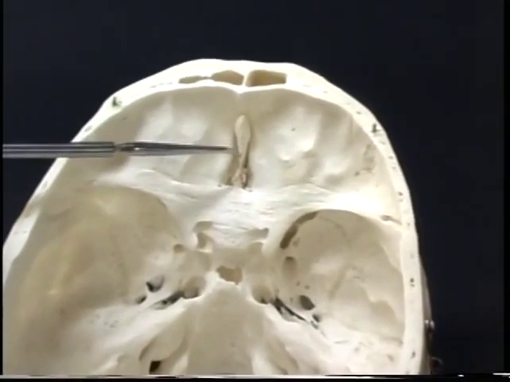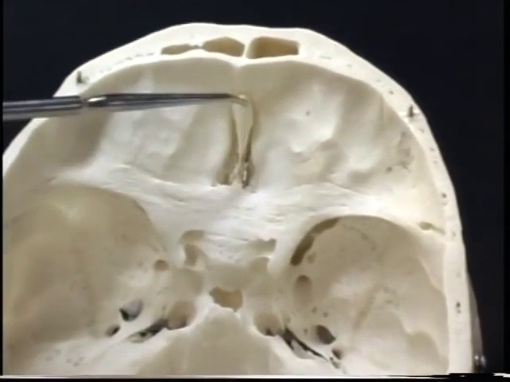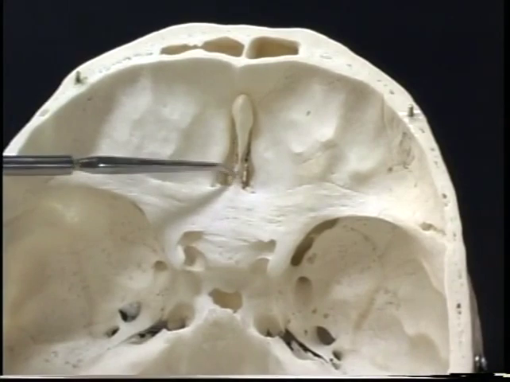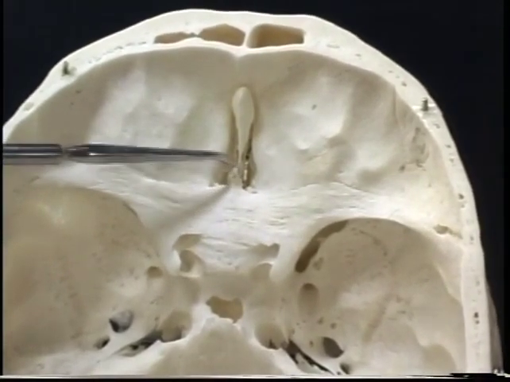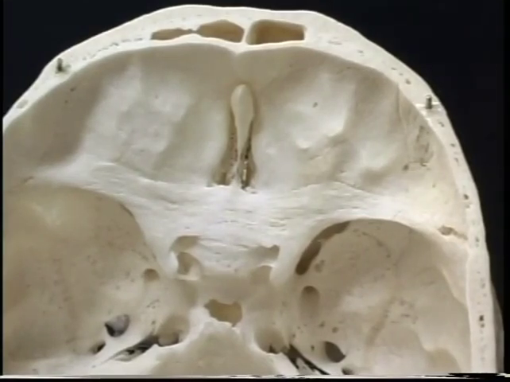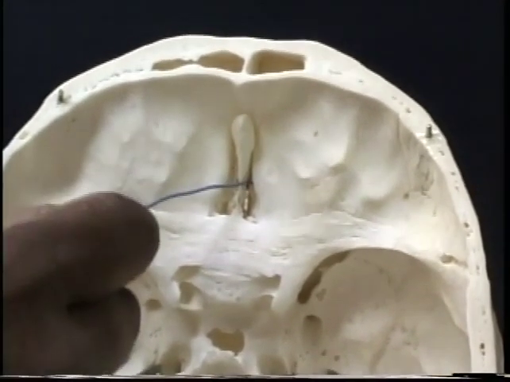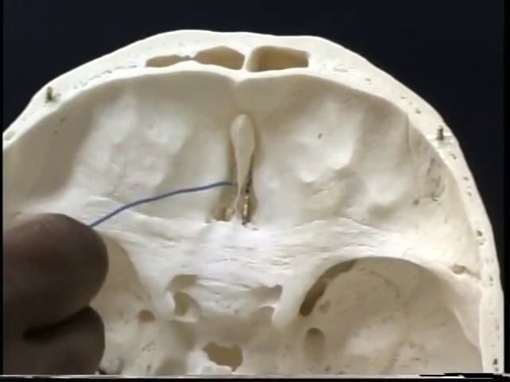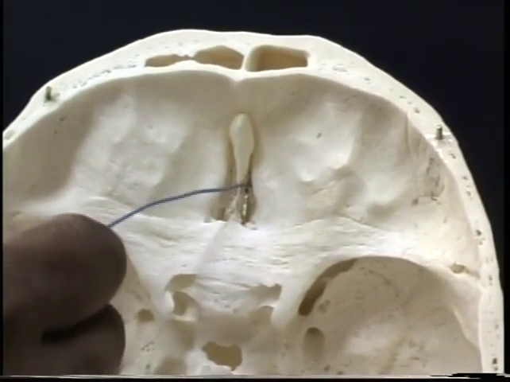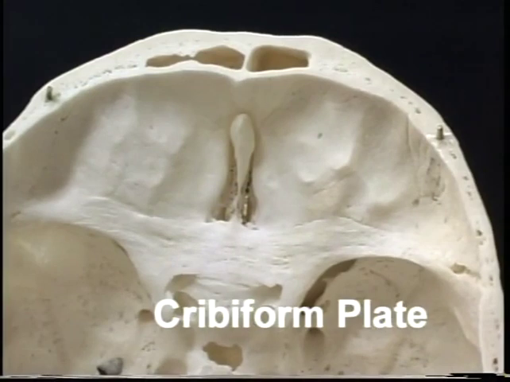A sleeve of dura, which is called the falx cerebri, attaches onto the crista galli. On each side of the crista galli, there are numerous openings, and these are known as the cribriform plate of the ethmoidal bone.